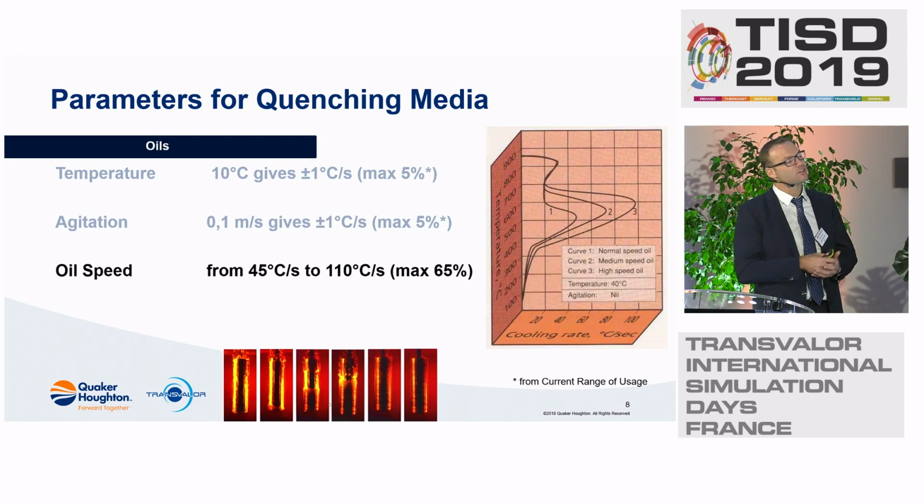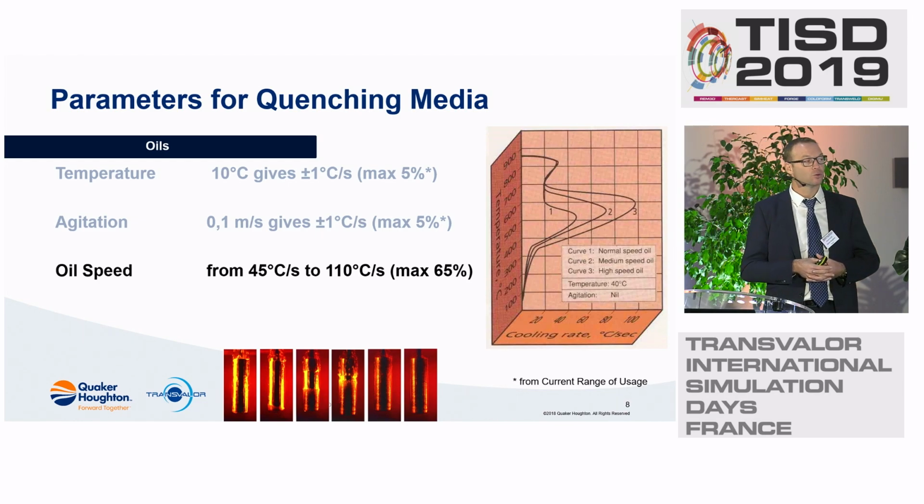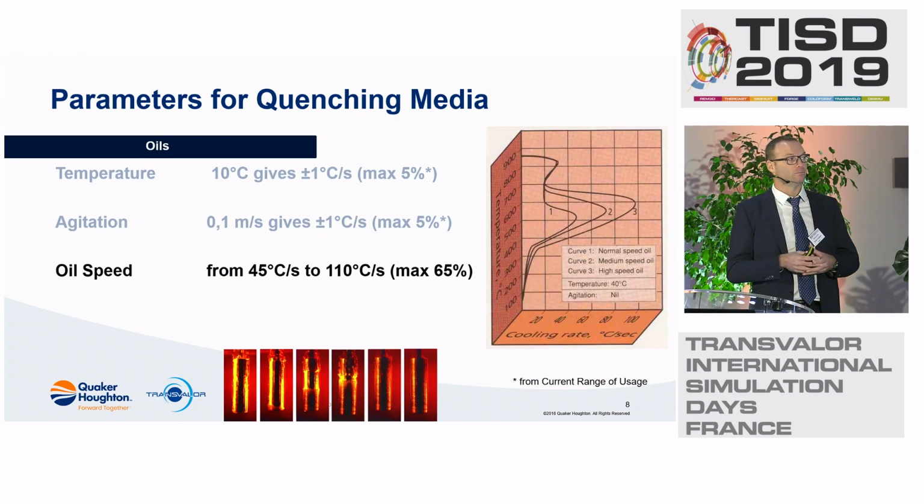We can have something like 110 degrees per second with the additive that we use in our formulations. So at the end, we can say that for oils, what is really important is the oil speed and to monitor properly these parameters.